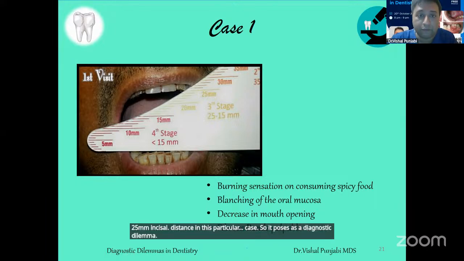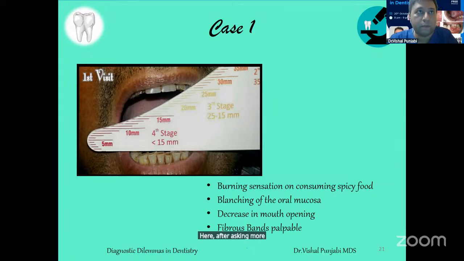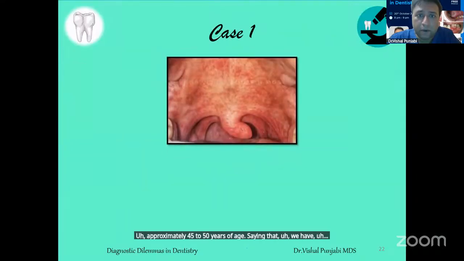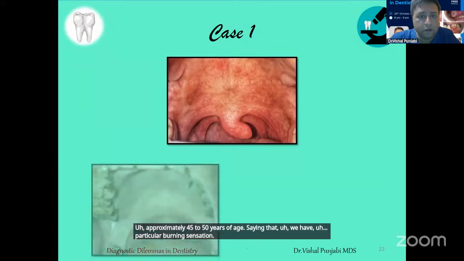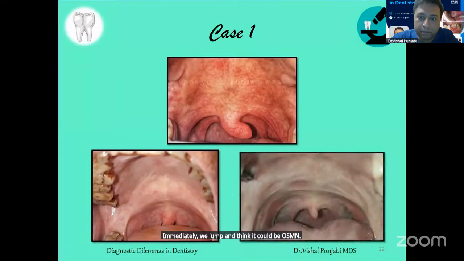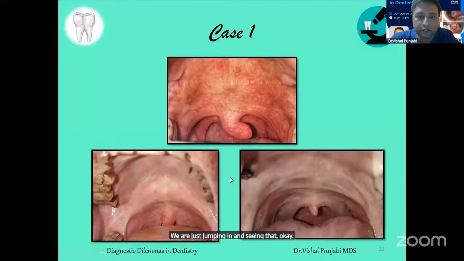After taking more history, this patient was a male, approximately 45 to 50 years of age, saying that he has a particular burning sensation. Immediately we jump and think it could be OSMF. We are just jumping in and seeing that these are the features intraorally.